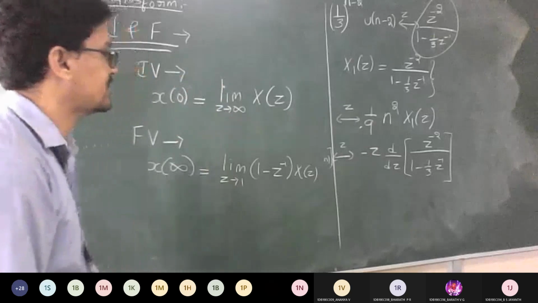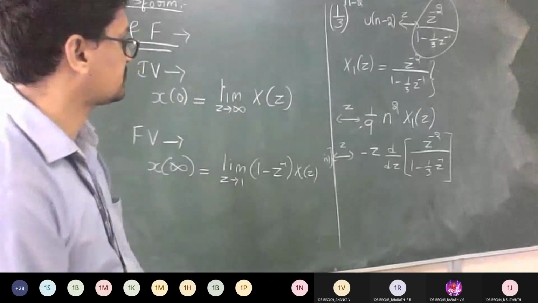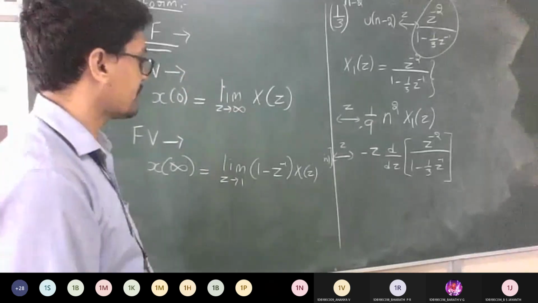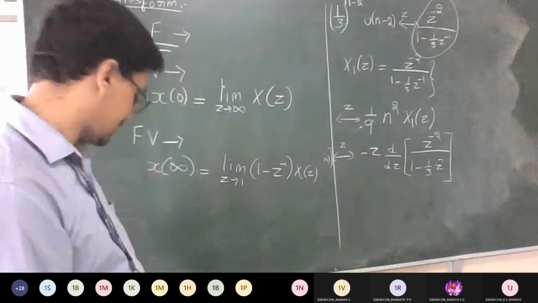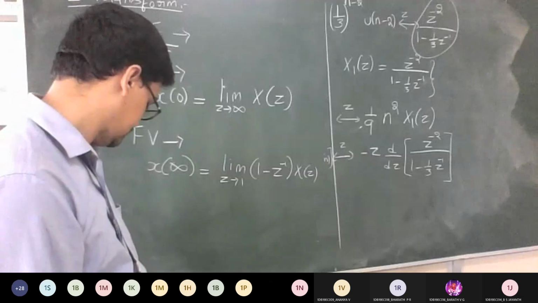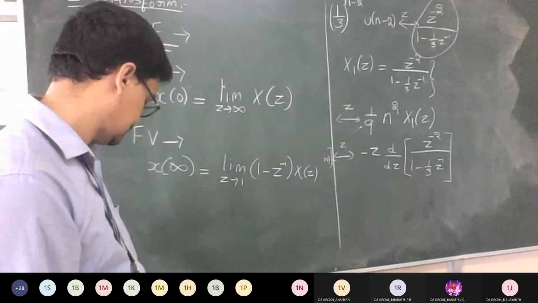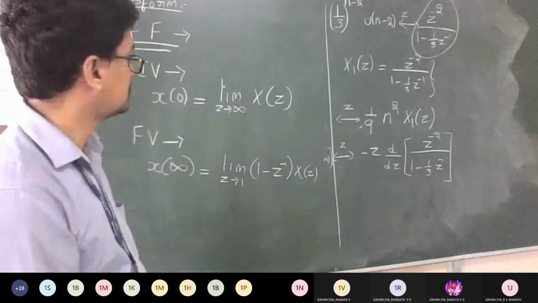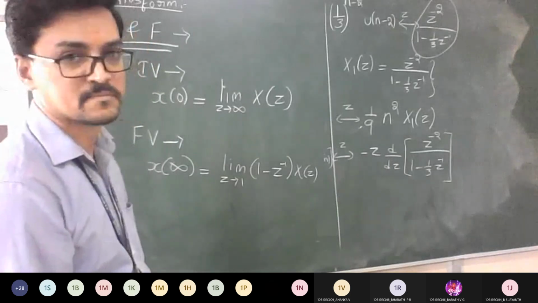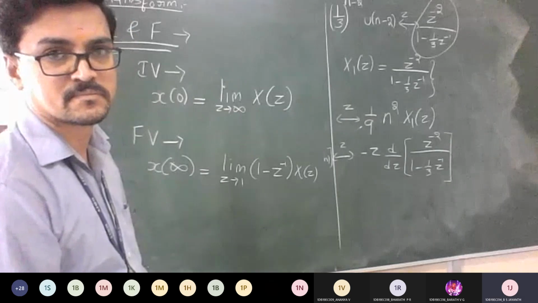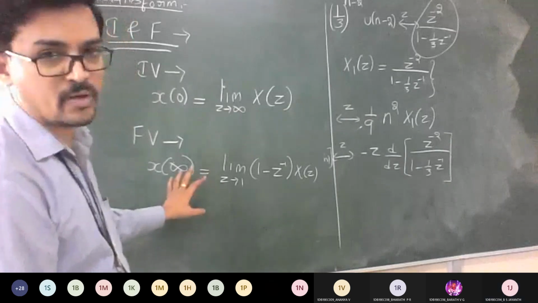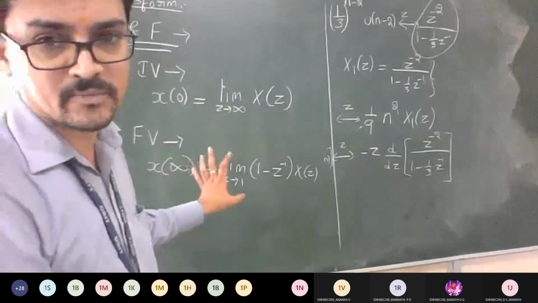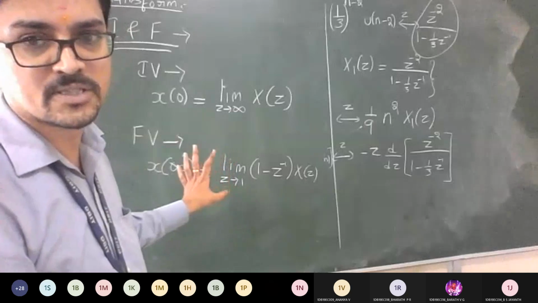Okay. So just make a note of these two formulas. Is it visible here? Everyone, is it visible what formulas are written? Yes, sir.